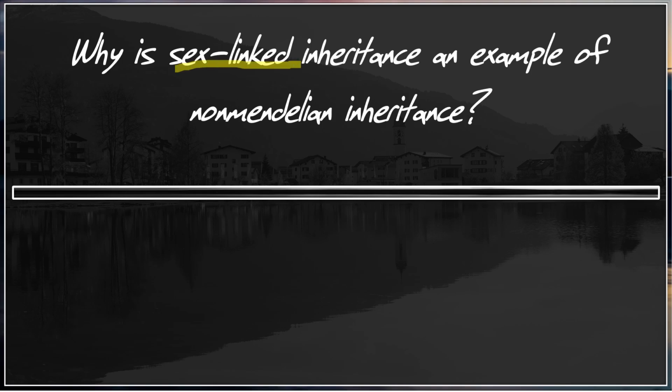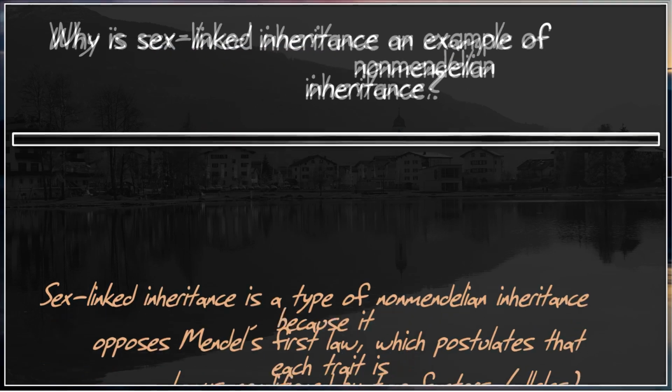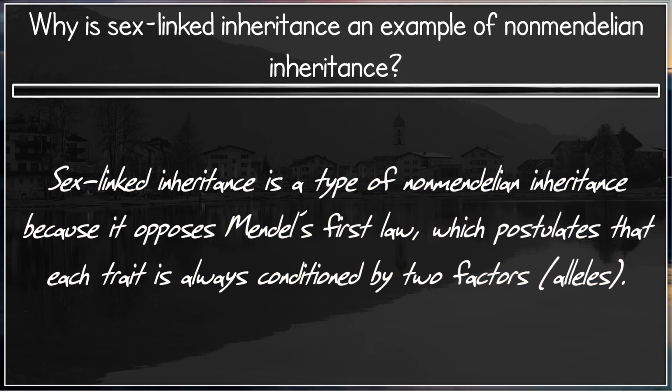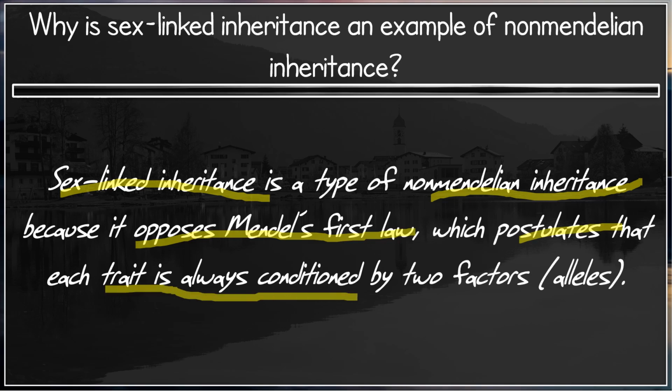Why is sex-linked inheritance an example of non-Mendelian inheritance? Sex-linked inheritance is a type of non-Mendelian inheritance because it opposes Mendel's first law, which postulates that each trait is always conditioned by two factors or alleles.